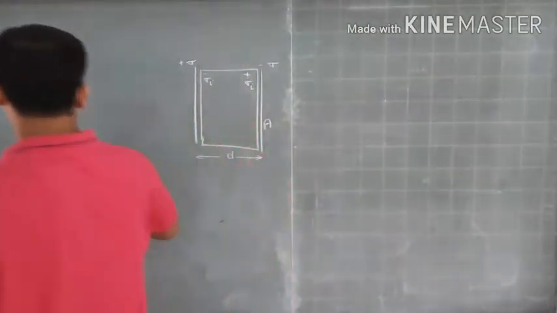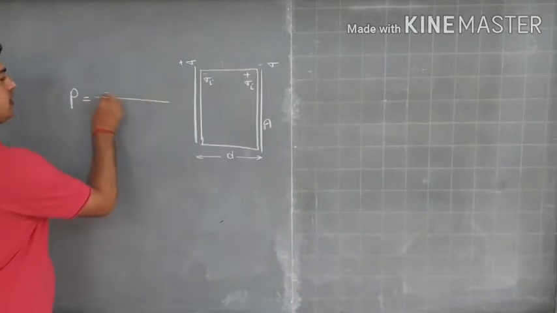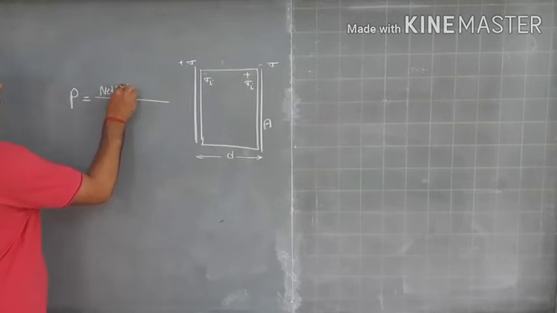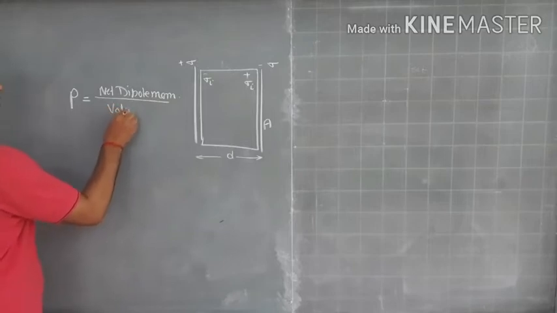So if I write the definition in mathematical form, polarization density is net dipole moment per unit volume.